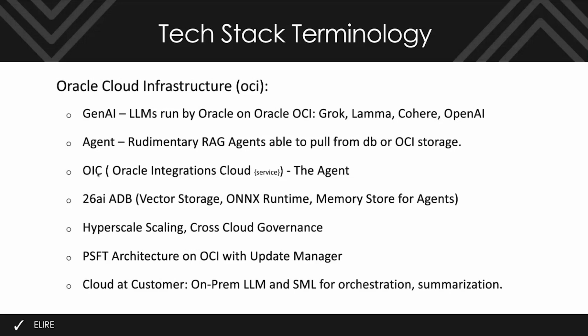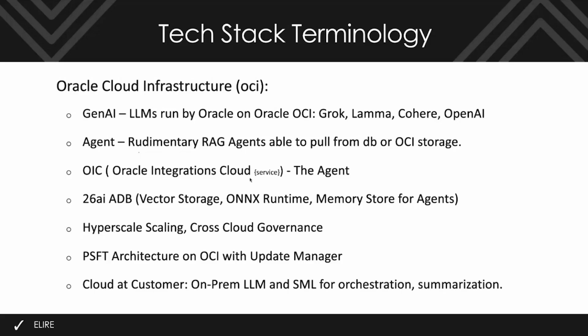We also choose the Oracle Cloud Infrastructure and integrations service within that. The terminology and the acronyms are very close. It's OCI for Oracle Cloud Infrastructure and OIC for Oracle Integration Cloud service, okay? And this has been around for many years.